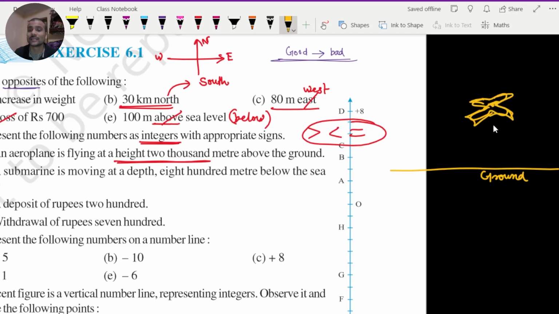If this is aeroplane flying above 2000 meter above, the line will be here. Let us suppose it will be flying like that. So we can use this line here.